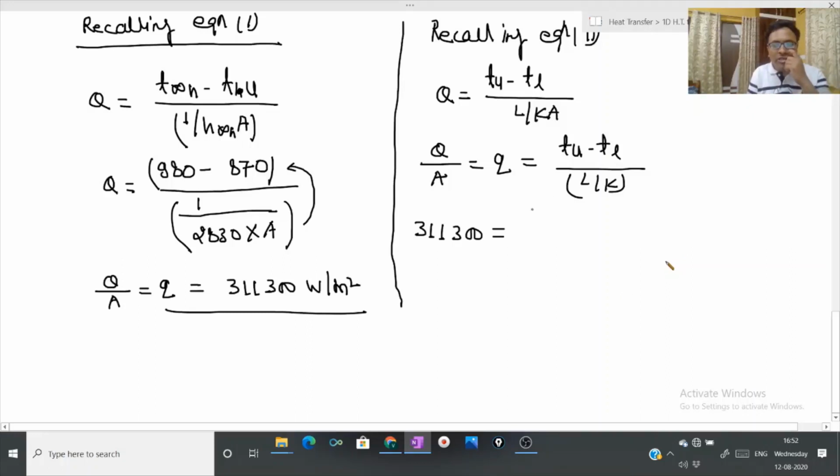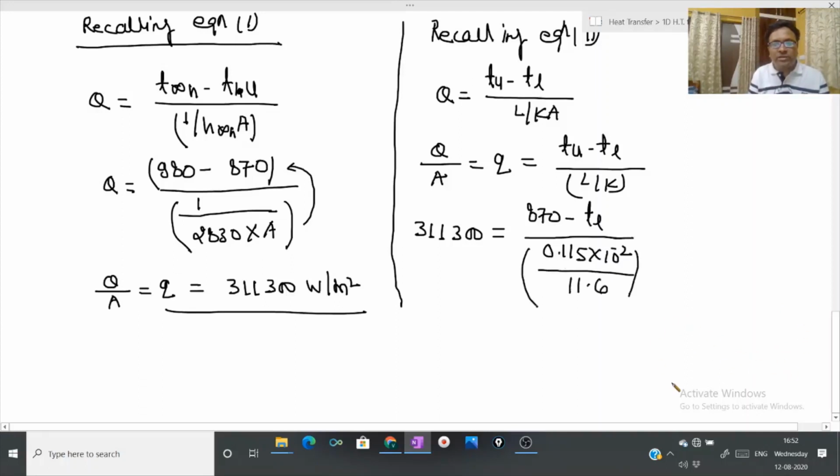Value of TU is 870. TL I don't know. Value of thickness is 0.115 into 10 to power minus 2, and the thermal conductivity is 11.6.